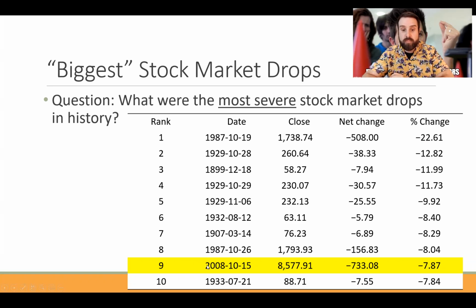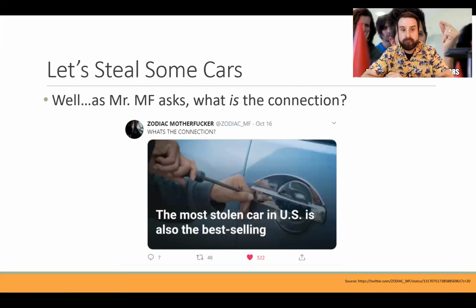And this drop from October 15th, 2008, that was the second largest in terms of raw numbers of all time, is actually only ninth in percentage, and nowhere near the top drop, which was over 22% in October of 1987. The drop on October 15th, 2008 was just under 8%.